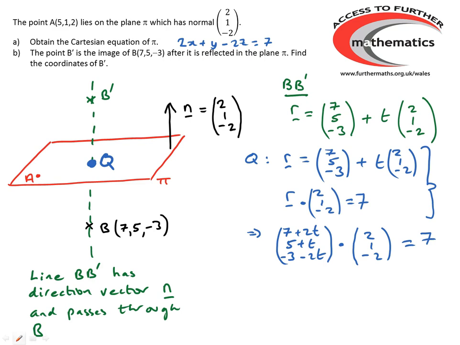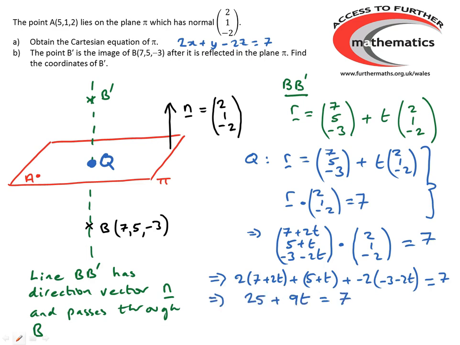So that's 2 times 7 plus 2t, plus 1 times 5 plus t, plus minus 2 times minus 3 minus 2t must equal 7. Tidy up the left-hand side of that, we get 25 plus 9t equals 7. In other words, we get 9t equals minus 18. So t must be minus 2.